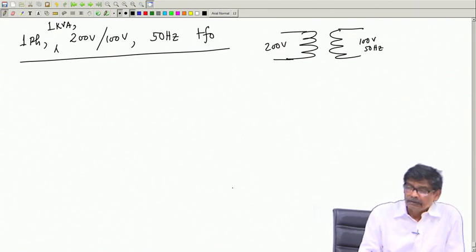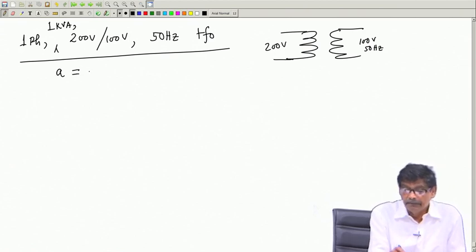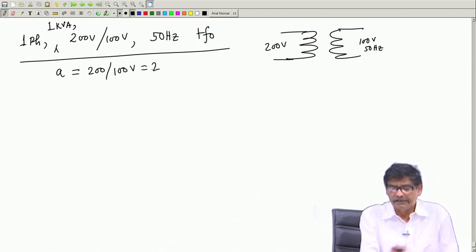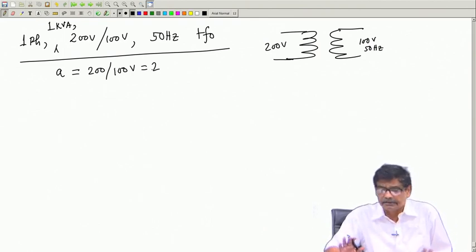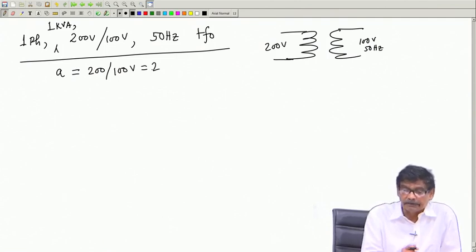And this will be the turns ratio, 200 by 100. This is the turns ratio I can get.